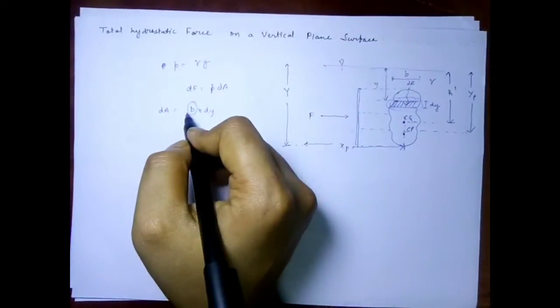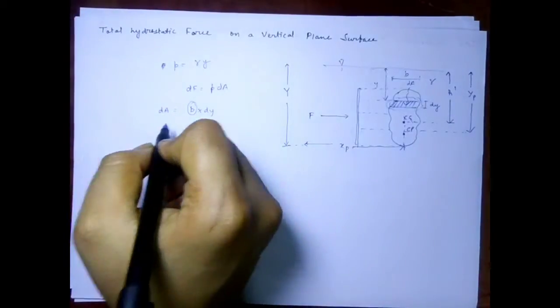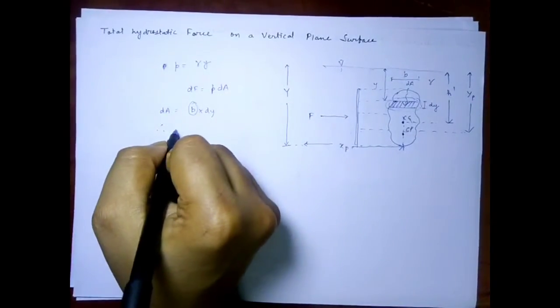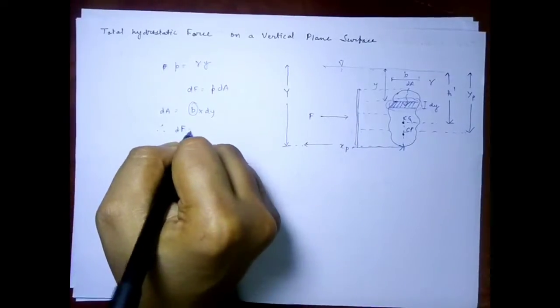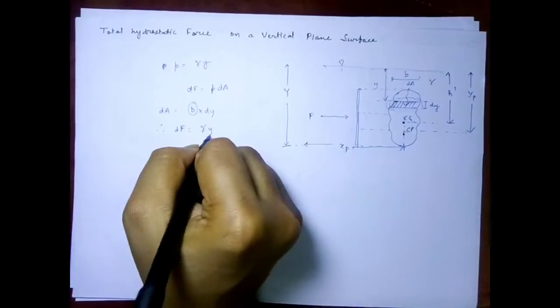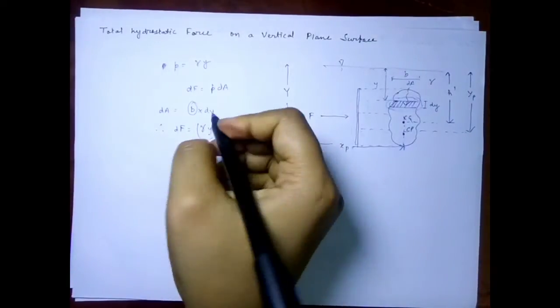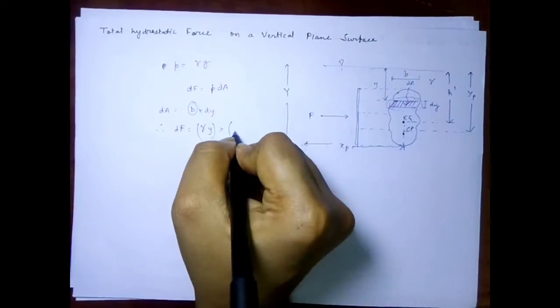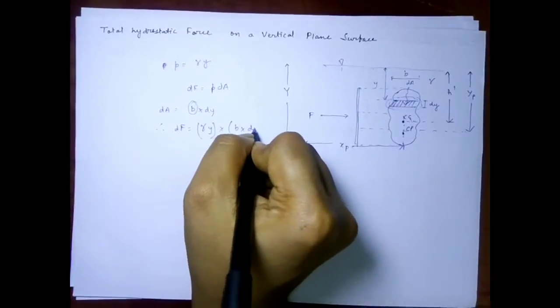So therefore dF will be equal to the pressure gamma y times dA, that is B dy.